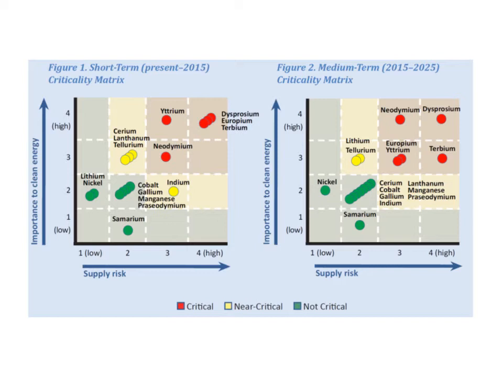Now, I think it's important to recognize that it's really hard to look past 2025 here. And that's tough if you're Elon Musk, if you're Tesla, or you're any other manufacturer that has the goal of long-term massive scale-up in production.